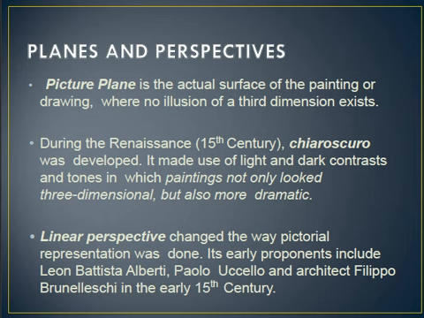And then this is planes and perspectives. Here, it's more on the illusion or giving a different perspective in artwork. It can be seen from a third person point of view, second person point of view, something like that. During the Renaissance, or in the 15th century, chiaroscuro was developed.